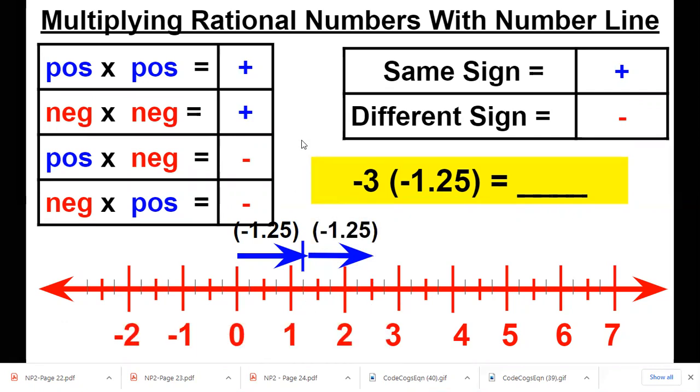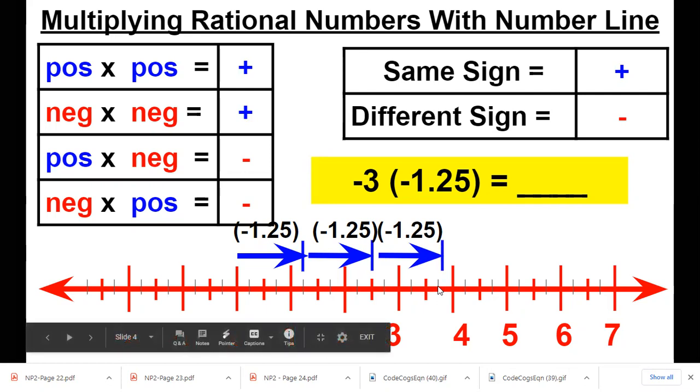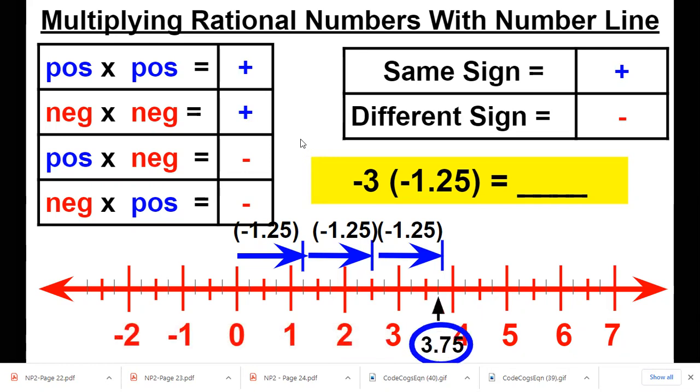And we have to do one more group of negative 1.25. And there's our last group. Where did we land? We landed on, what is this number right here? Right, positive 3.75. Notice how we ended up with a positive answer. We have same signs.